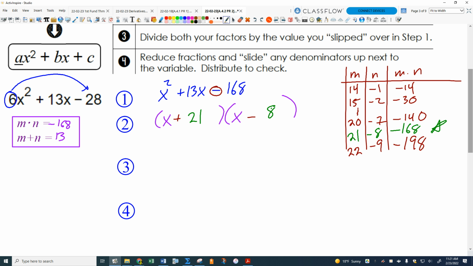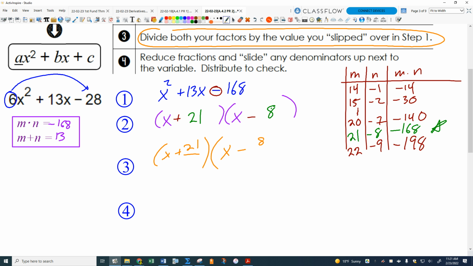So then step 3. We're going to get x plus 21 divided by the number we slipped, and x minus 8 divided by the number that we slipped, which was a 6, right?